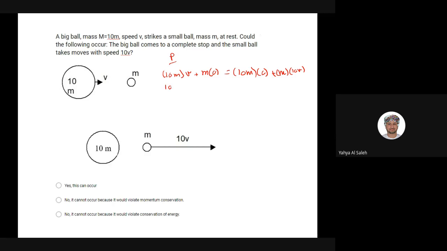So we have 10mv equals 10mv. Momentum is conserved. Good. Anyone has a problem with conservation of momentum?